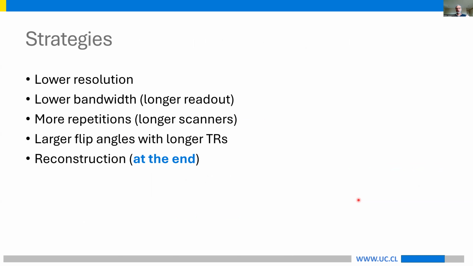For example, if you acquire the image twice and then you average it, you will reduce the noise by the square root of 2. So you can repeat a lot of scans and average them. Or you can use larger flip angles with longer TRs. And there's also the possibility of denoising during the reconstruction. And I have a few slides at the end to show that.